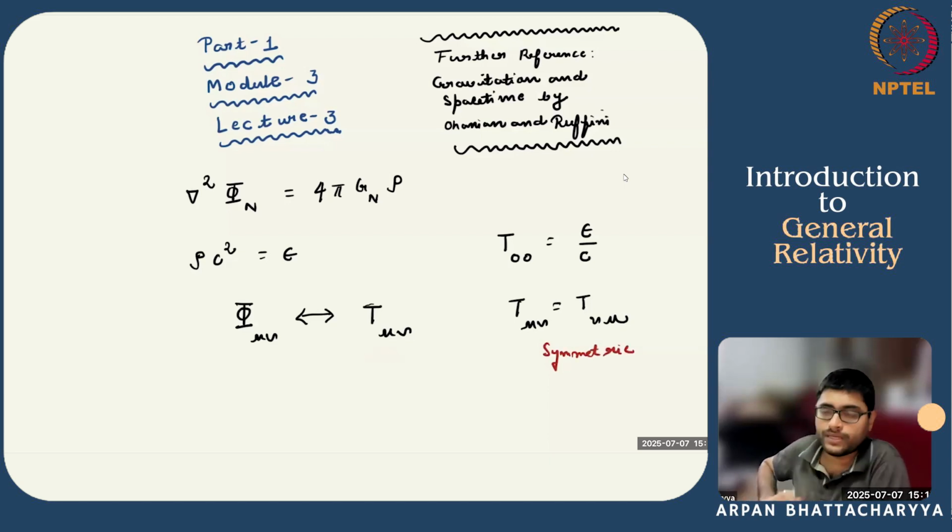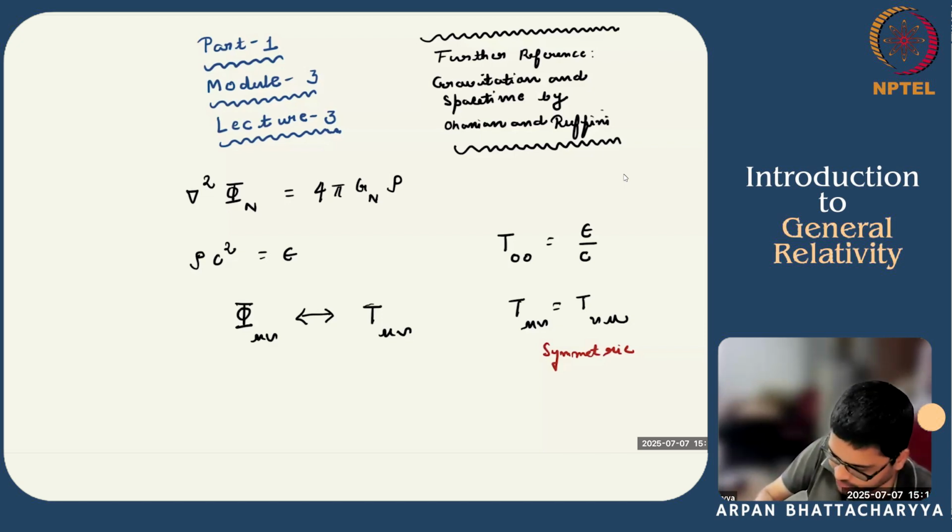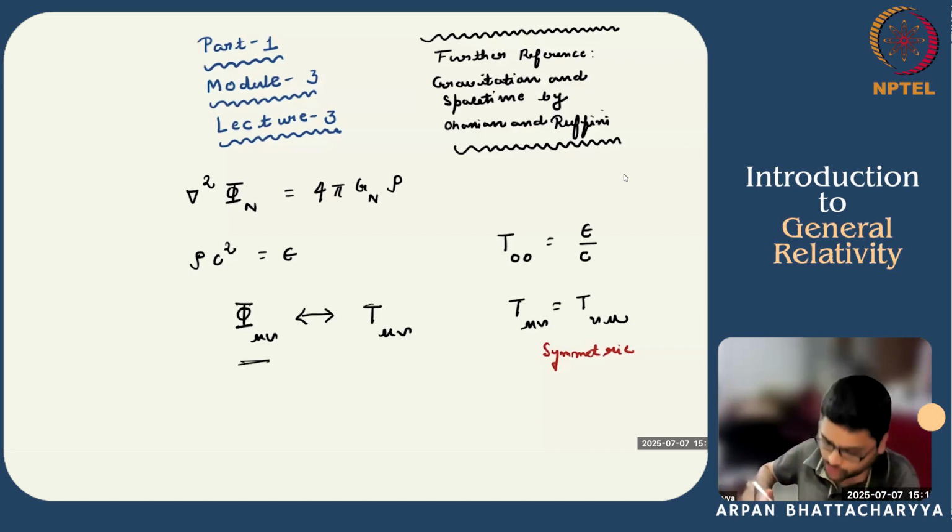And our source will be a rank 2 tensor, which is conserved as well as symmetric in the 2 Lorentz indices. Then we can expect that the field that will be generated by it should also have the same property. So it will have two Lorentz indices and be symmetric in those two Lorentz indices, the component of the field, which we denoted by capital phi.